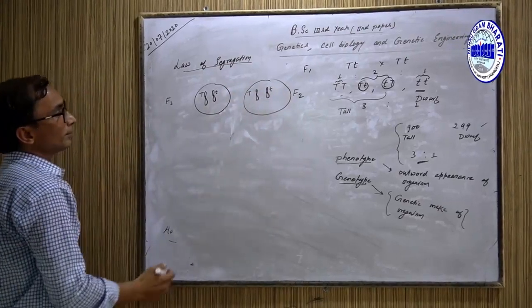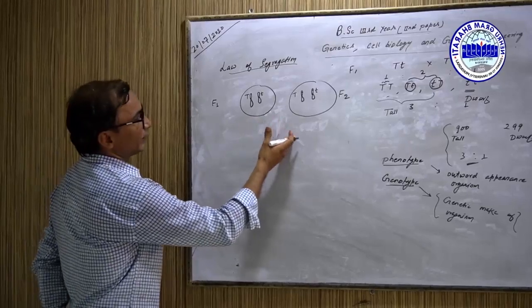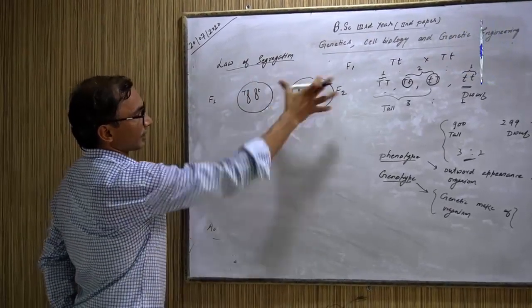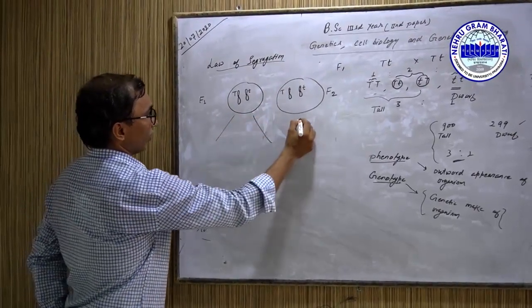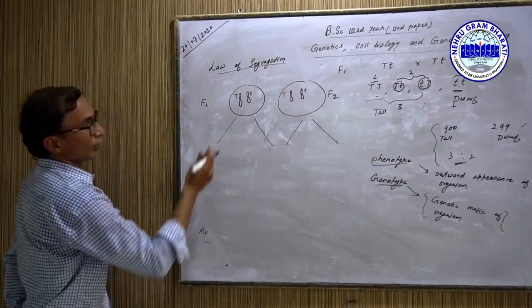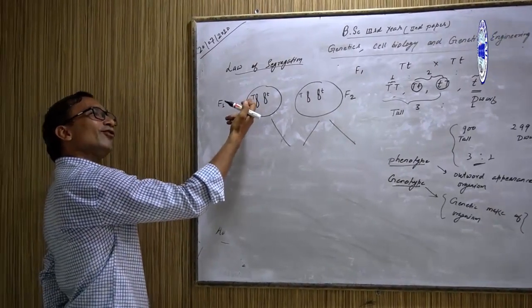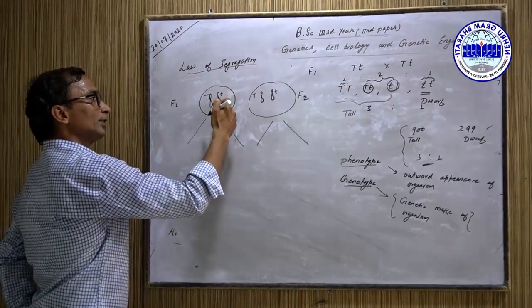Now the gametes will form. Simply, the law of segregation states that at the time of gamete formation, this organism, the F1, will form the gametes. So what type of gametes? One gamete contains only one copy of the gene, another gamete will contain the other copy.